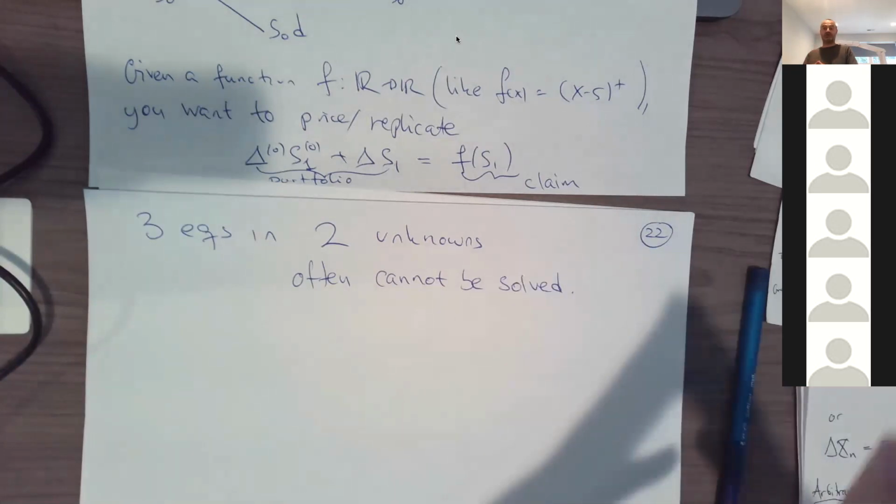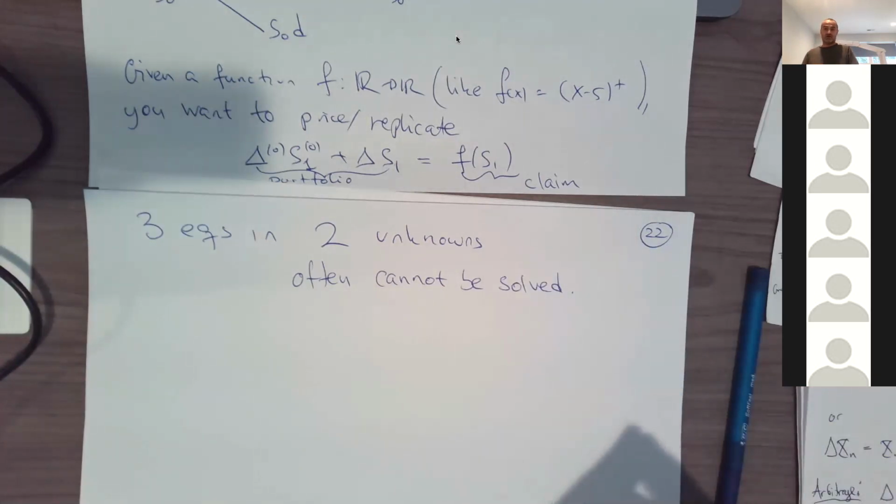So there are too many equations for the number of unknowns there are. And that means that I can't solve them. I cannot replicate. Okay, so if I cannot replicate, then I can't price. Yeah, that's so.